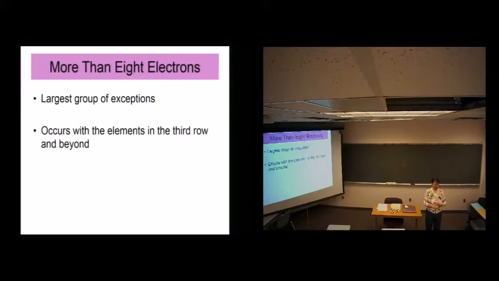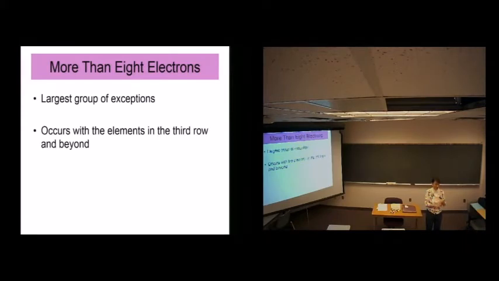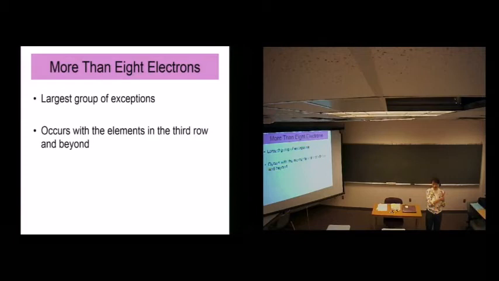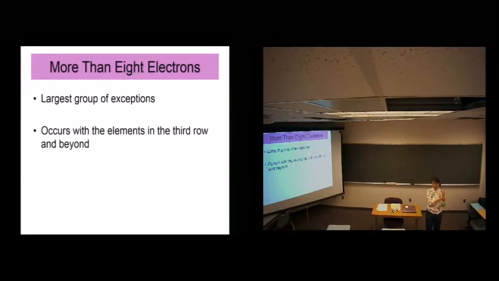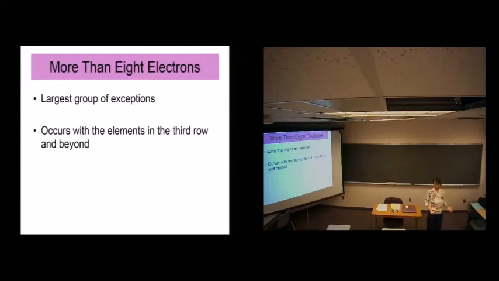And where do we have the D orbitals? Is it shell 1, shell 2, shell 3? Shell 3, right? Because shell 1 has S, shell 2 has S and P, shell 3 has S, P, and D. So that's why the third shell on down can have more than 8, because we got those D electrons going on in there, don't we?